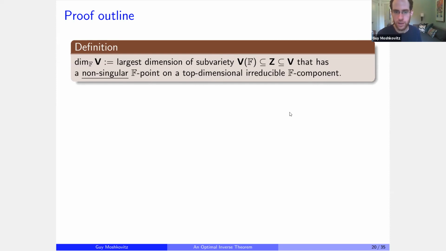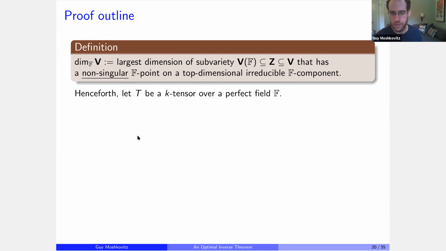If F is algebraically closed, then this definition reduces to the usual definition of dimension. Also, I underlined the word non-singular because we're going to need a slightly more general notion of non-singular, but let me not talk about that.